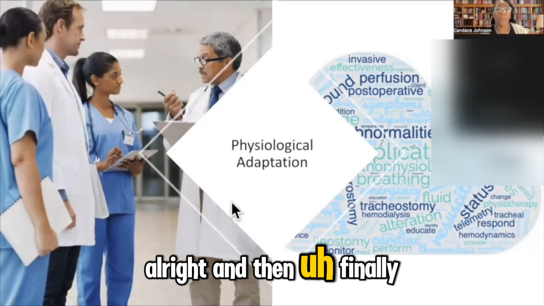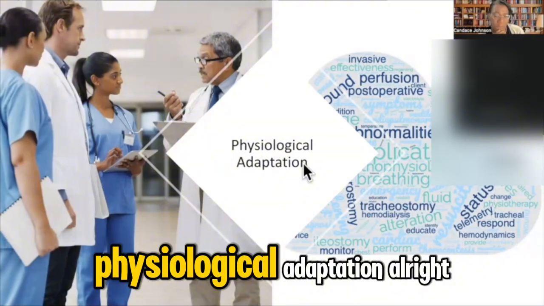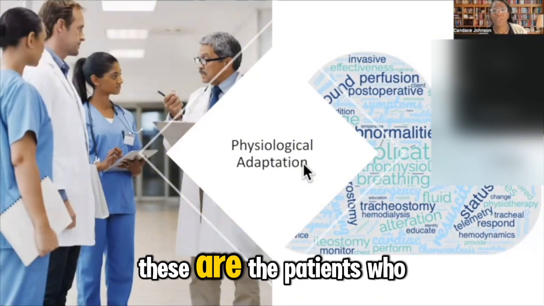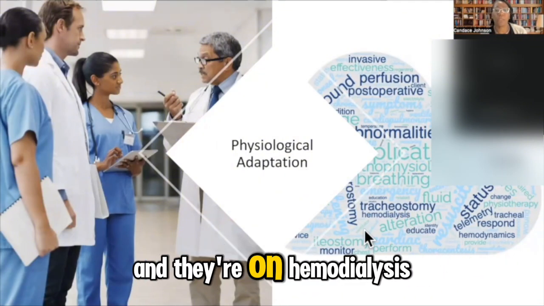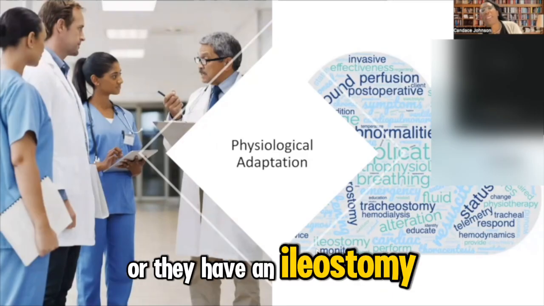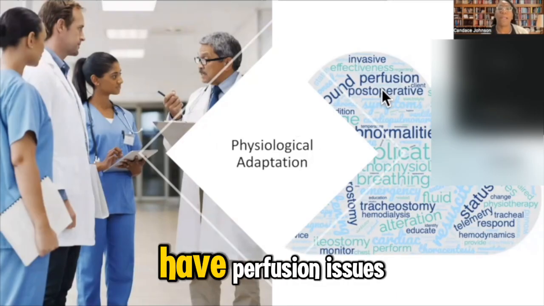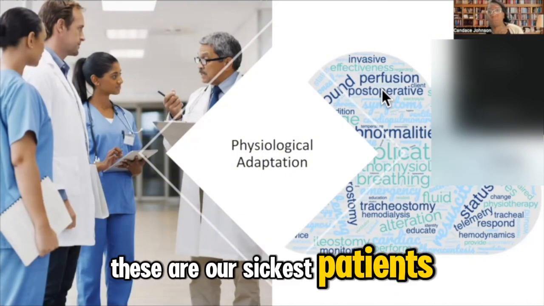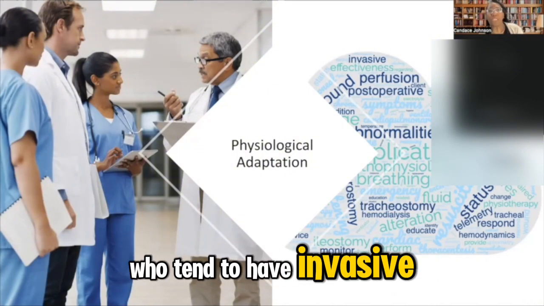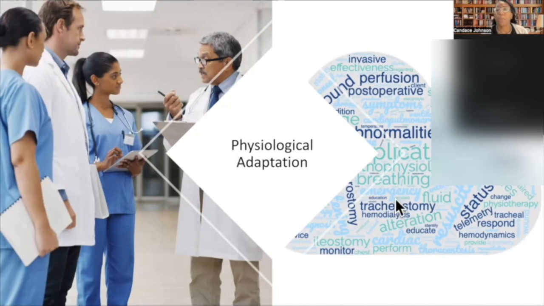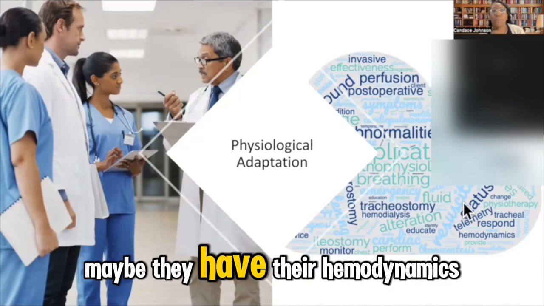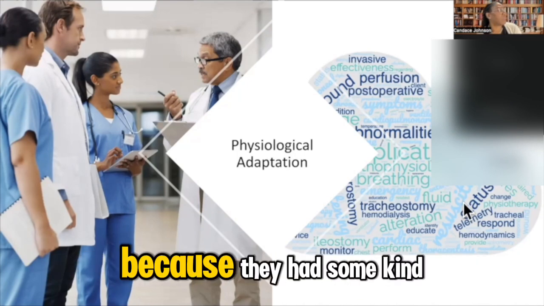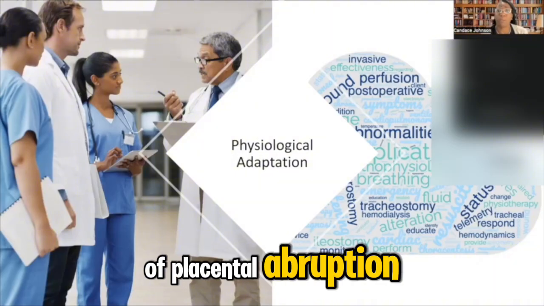All right, and then finally, physiological adaptation. These are the patients who have the trachs and they're on hemodialysis or they have an ileostomy. These are the folks who have perfusion issues and they're postoperative patients. These are our sickest patients who tend to have invasive procedures happening. Maybe they're on telemetry. Maybe they have their hemodynamics being monitored because they had some kind of placental abruption.